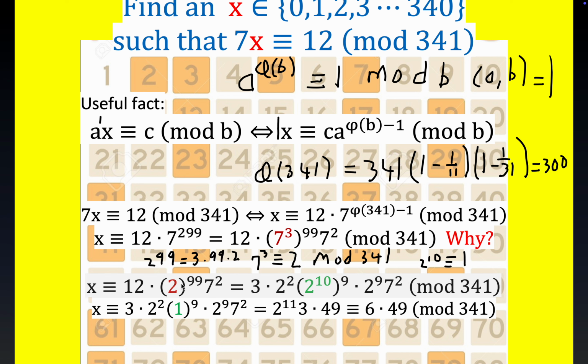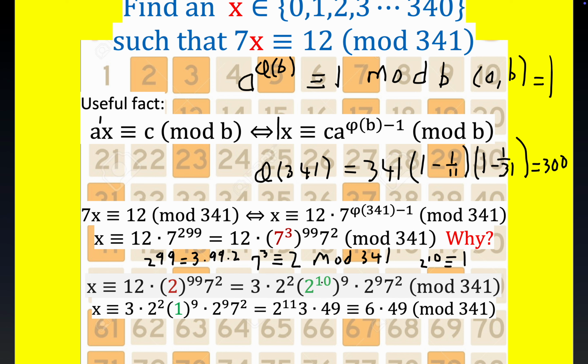Okay, so that's what happened right here. And so we use the fact that 7 cubed is congruent to 2 mod 341. And then we get this statement right here based on 2 to the 10th being congruent to 1 mod 341. Okay, all right, so that's how all of this happened up to here.